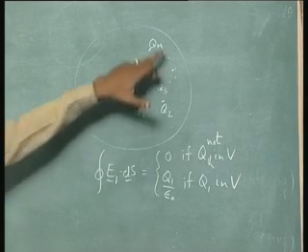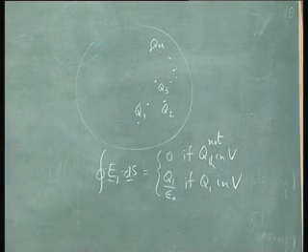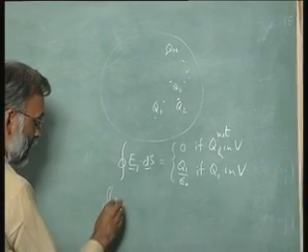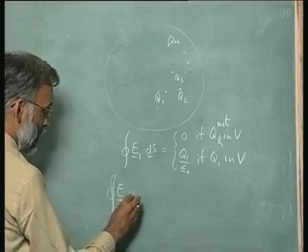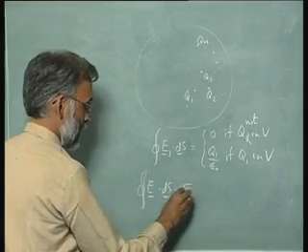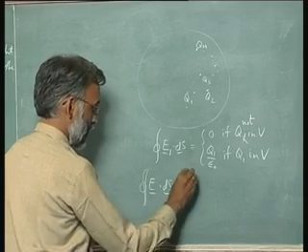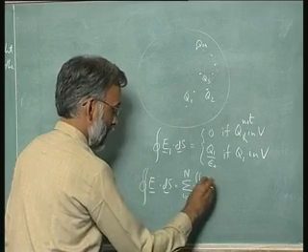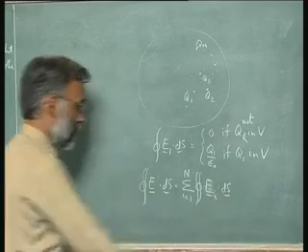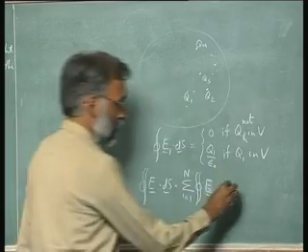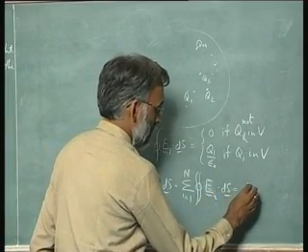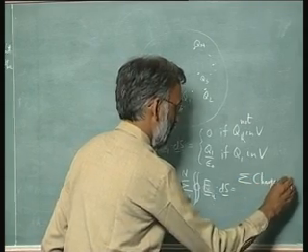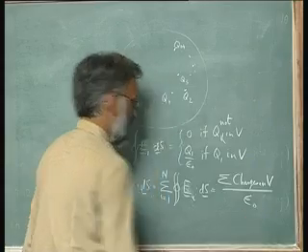But the electric field due to a set of charges is the sum of the electric fields. So, the closed surface integral of the total electric field dot ds is really the sum on all the charges of the surface integral Ei dot ds, which is equal to the sum on charges in V divided by epsilon naught.